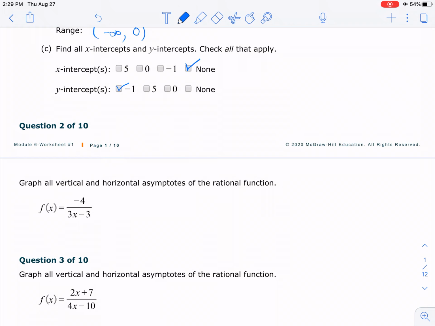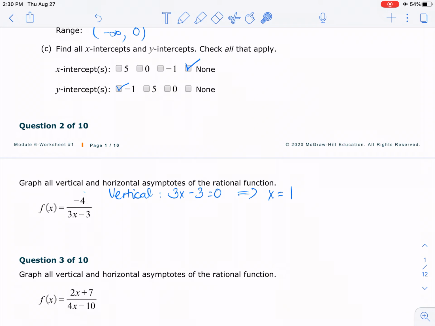We want to graph all the vertical and horizontal asymptotes. Let's talk about vertical. For vertical, you take the bottom, you set it equal to 0, and you solve it. So in this case, x is 1. Now if you have a constant on top and a linear on the bottom, you can look at the degree. The degree on the bottom is 1. The degree on top is 0.